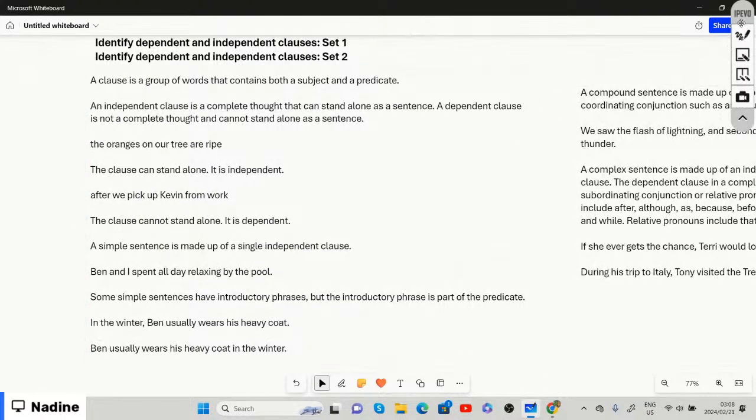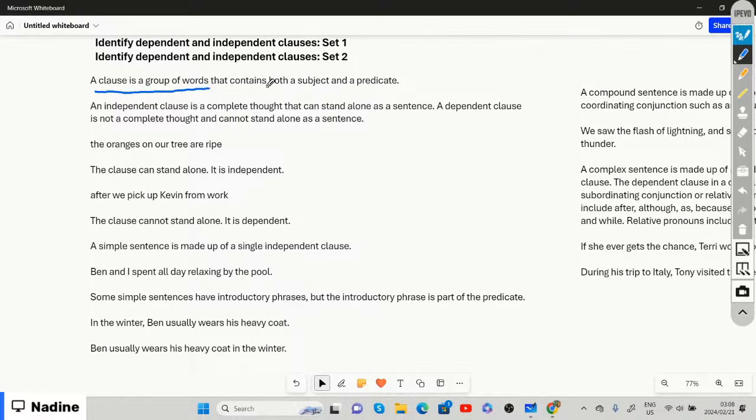So we're going to start with a clause. A clause is a group of words that contains both a subject as well as a predicate, right? Then we have independent clauses as well as dependent clauses. An independent clause is a complete thought that can stand alone as a sentence.